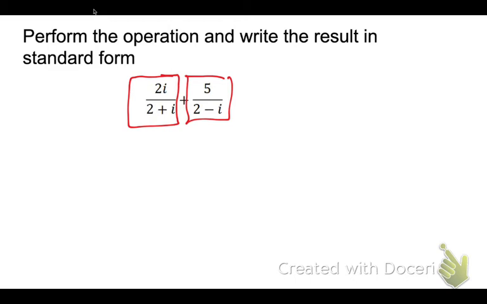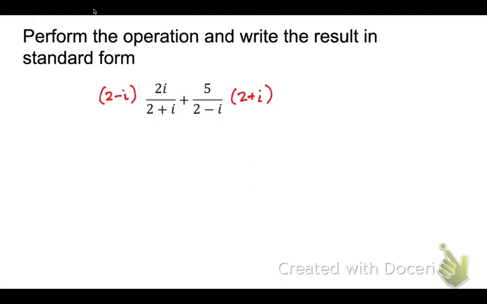Does that make sense? But do you see that these are conjugates of each other? Yes. Okay, so that means I'm going to multiply this side by 2 minus i, right? And this side by what? 2 plus i. And it's all going to make one nice big common denominator.